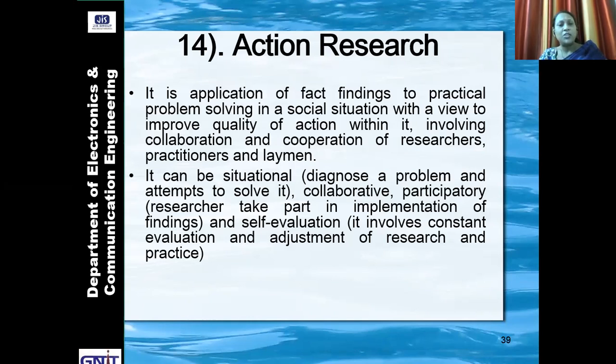That is called action research. It can be situational, collaborative, participatory, and self-evaluation based. Situational means it diagnoses a problem first and attempts to solve it. So action research is very interesting and it may involve field work.